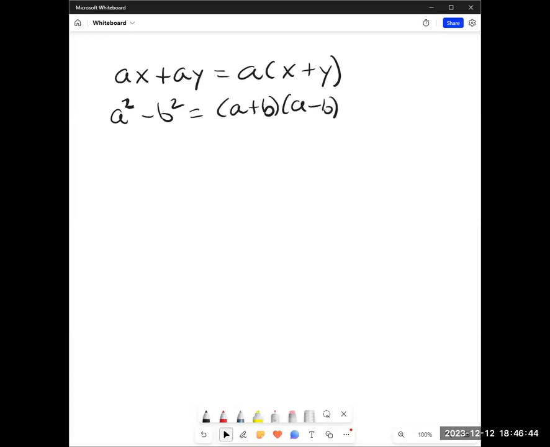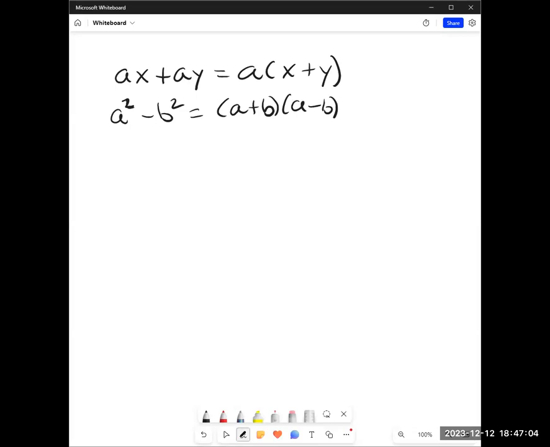I think we might get into a sum or difference of cubes. Not right away, but I'll write that as a reminder for us on how to take care of that.